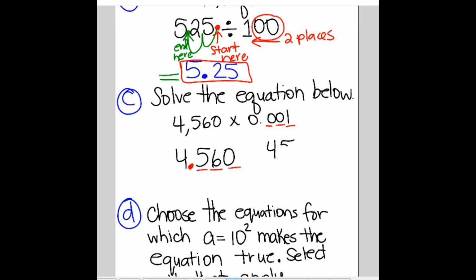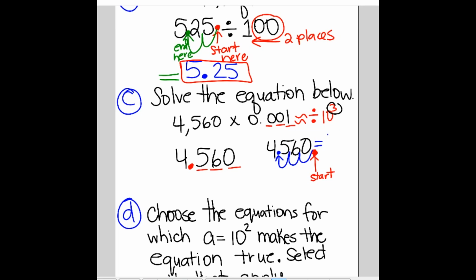Rewrite your number. Remember, we have to place our decimal at the end if there's not one there. So start here. And then remember, this translates to divide by 10 to the third power, which means I'm moving my decimal 3 places to the left. So let's start moving it. 1, 2, 3, and it goes right there between the 4 and the 5.